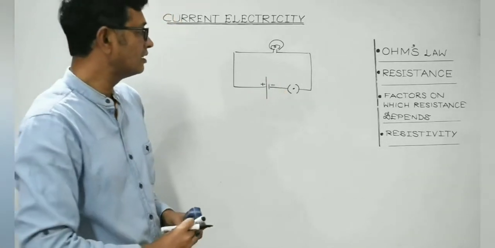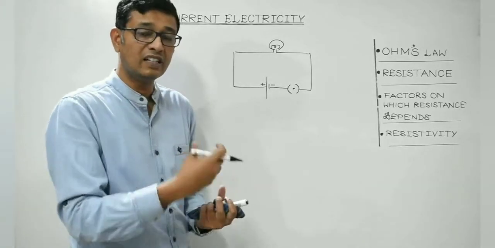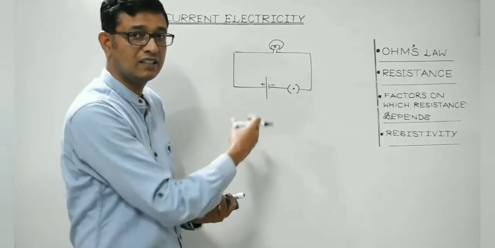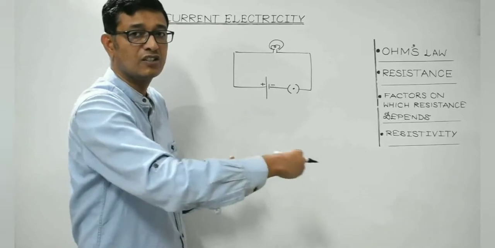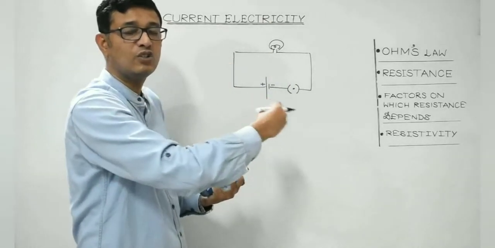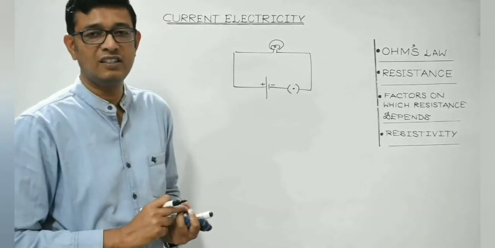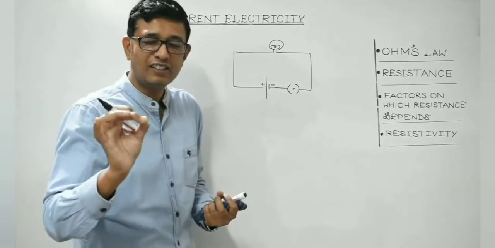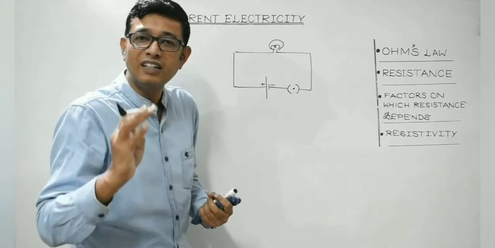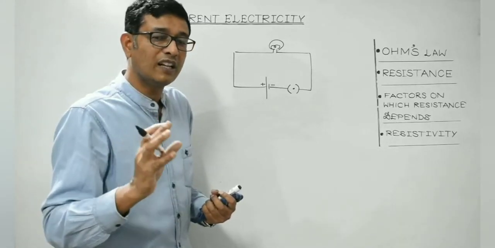So what happens is, some amount of work is done by the source, by the cell, in driving the charge to move in a particular direction and to complete the circuit. So that current is constituted in the circuit. Now, an electric circuit, we all are aware, is a continuous closed path of electric current.